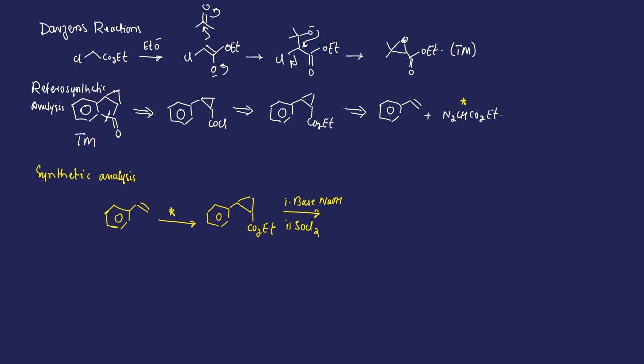acetic acid or carboxyl group at first instance, which is then treated with the thionyl chloride for getting acid chloride. So I will get the product like this, and this product is ultimately subjected to intramolecular Friedel-Crafts acylation for getting the target material.